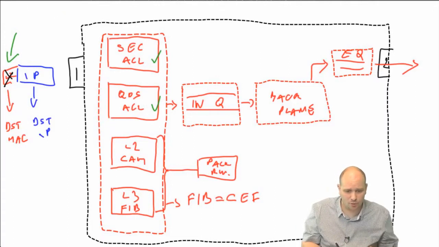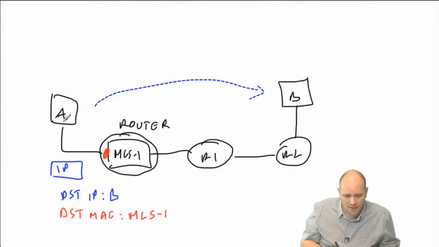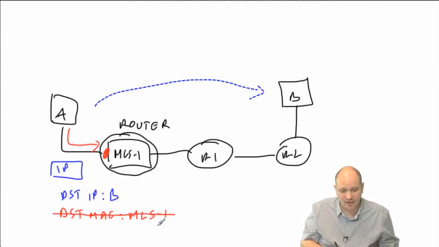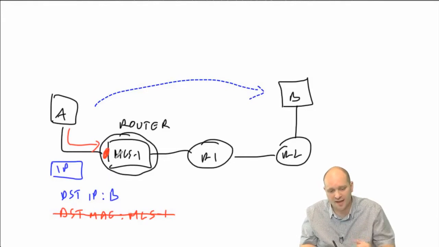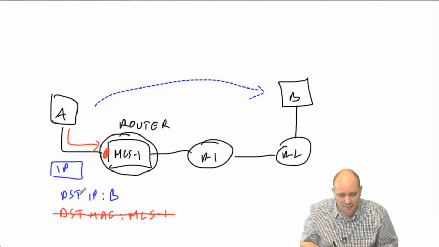Let me explain that on my previous example here. When this packet arrived from A to my multi-layer switch 1, we have discarded this information here because the destination MAC address was that of MLS1. But I'm still keeping the information about the destination IP address. I'm going to perform the lookup in my tables, and I'm going to get the information that my layer 3 next hop to reach B is R1's interface here.